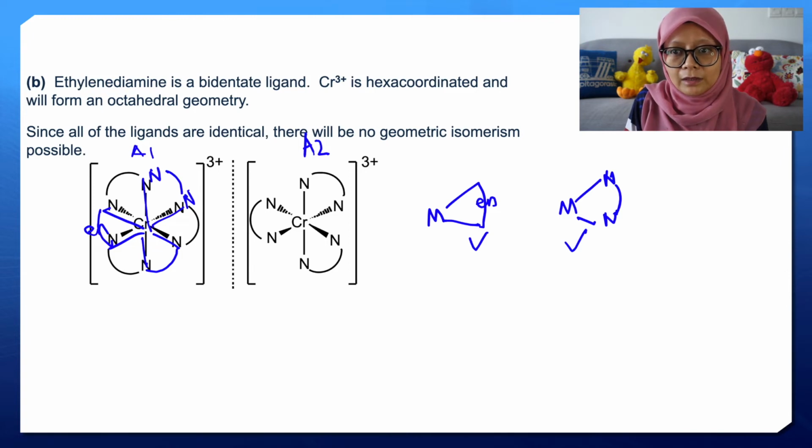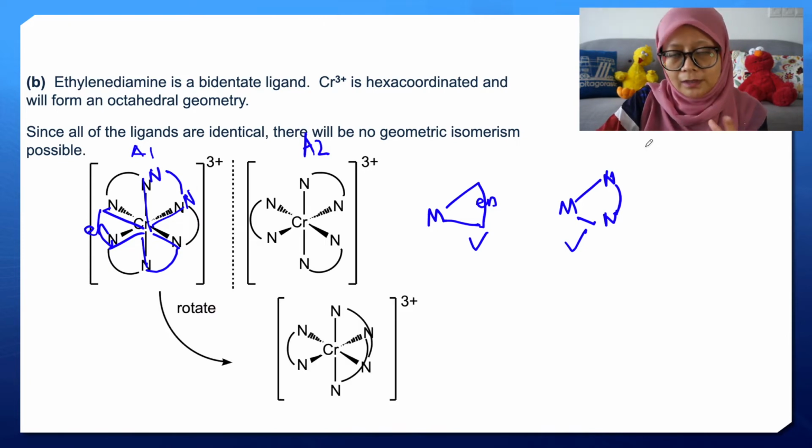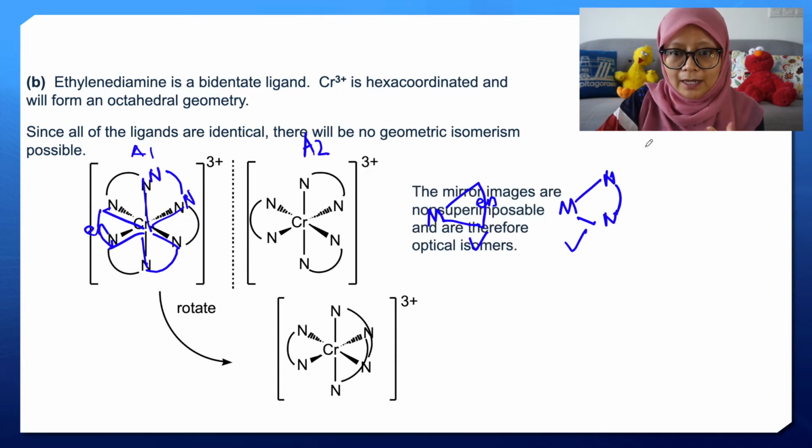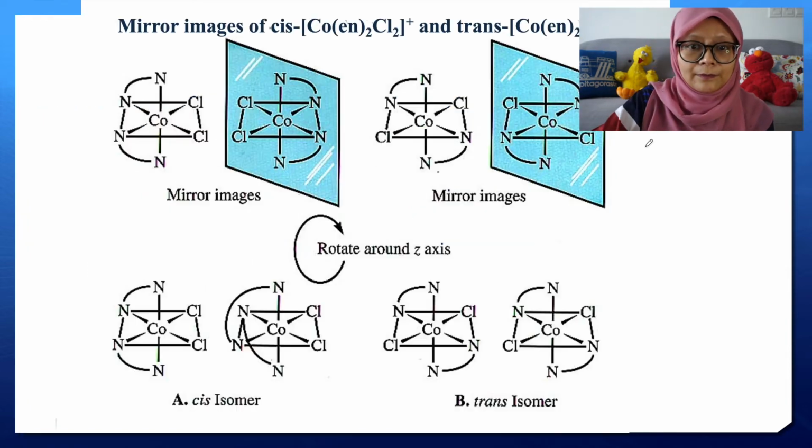This is totally incorrect, because you know that ethylene-diamine is a bidentate, so you need to show the two donor atoms. So if you rotate this compound, this chromium, you still get what we call optical isomers, and they are non-superimposable to each other, so it can be considered as optical isomers.